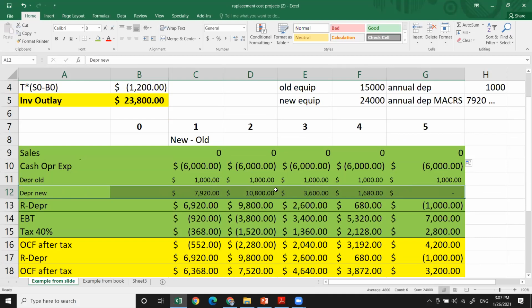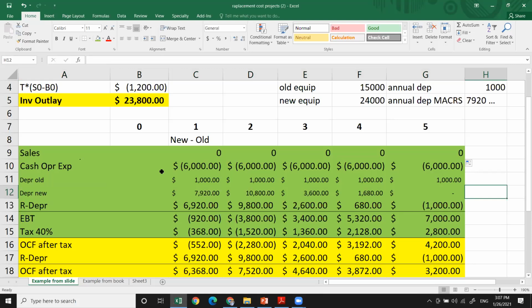Change the depreciation method for the new equipment. Don't make it in accordance with what is given in the slides as MACRS, but make it straight line. Am I clear with the question? Yes. Okay, do it now.